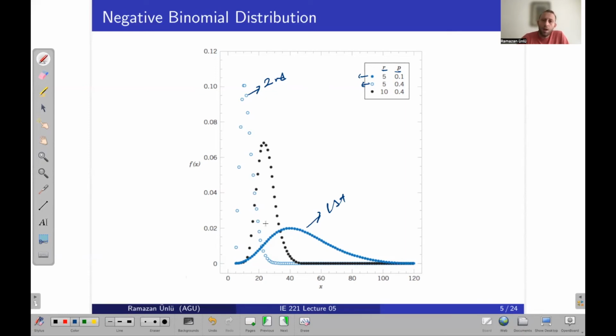But if you change r instead of p, the new graph is actually a scaled version of the previous one. These two graphs are similar to each other, just a scaled version. So this is a quick understanding of how these parameters change the shape of the negative binomial distribution. But if you want to check other parameters, you can try it.